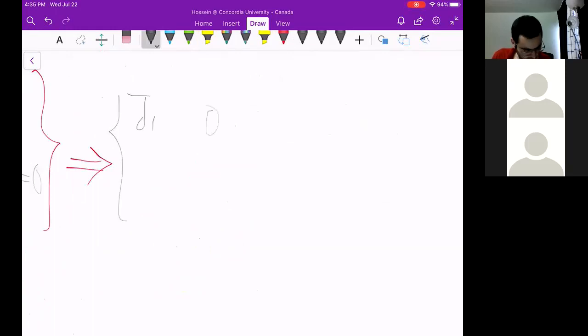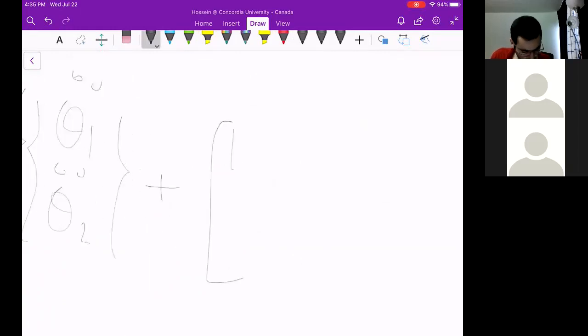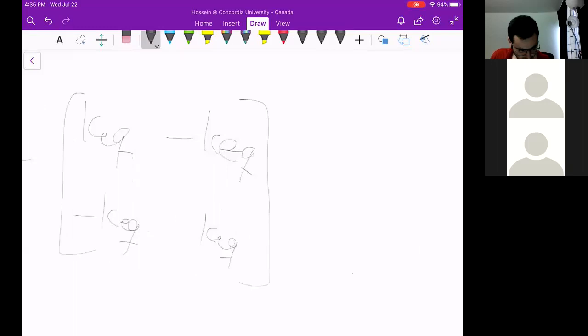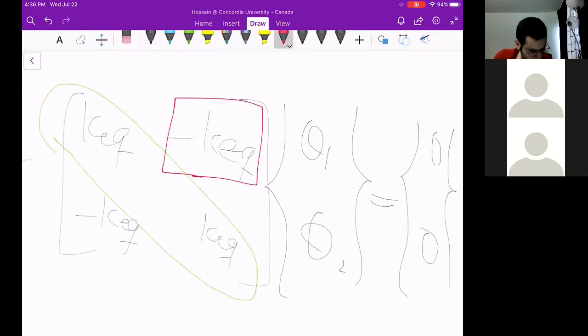J1, 0, 0, J2 multiplied by theta double dot 1, theta double dot 2, plus K equivalent, minus K equivalent, minus K equivalent, K equivalent, multiplied by theta 1 and theta 2, which is going to be 0 and 0. These are symmetric. These two should always be the same, symmetric with respect to the stiffness.